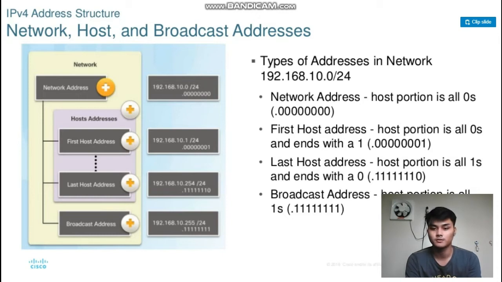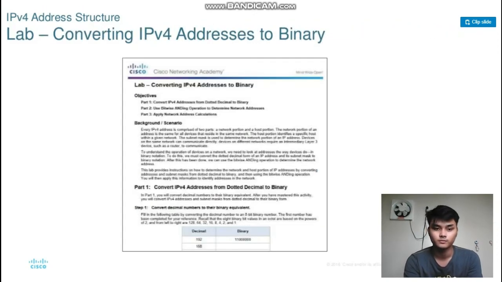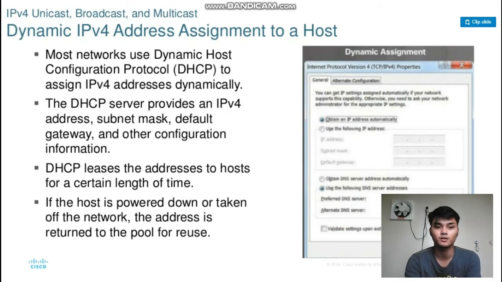The first host address portion is all 0s again and ends with 1. Same as before, we demonstrate. As you can see, it is static. We already know it because I already said that in the previous chapter.